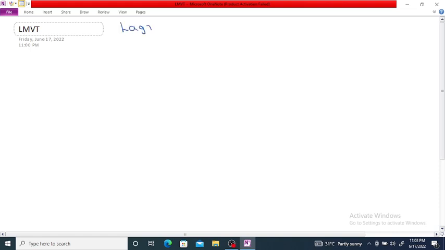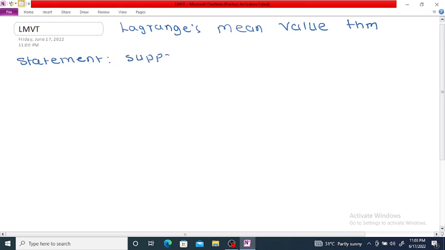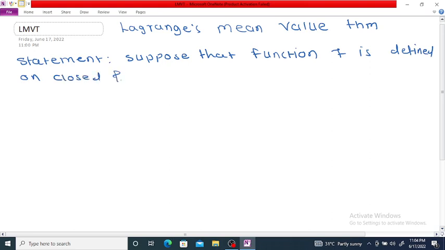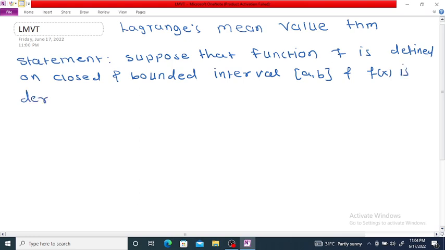Lagrange's mean value theorem. Statement: suppose that a function f is defined on a closed and bounded interval [a, b], and f of x is derivable on the open interval (a, b).